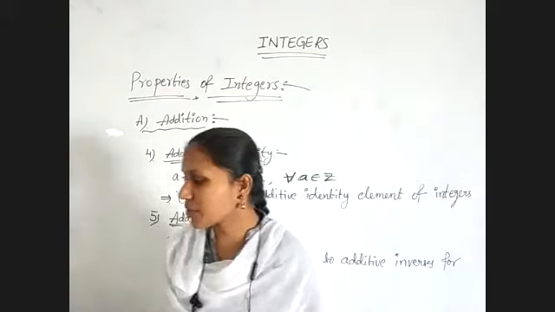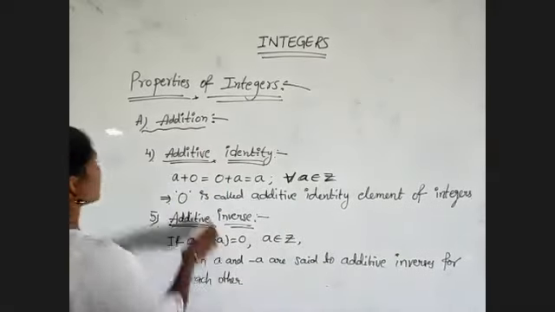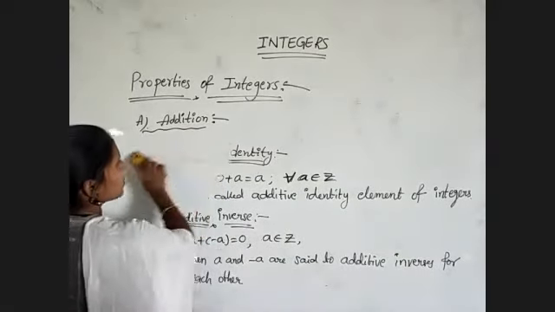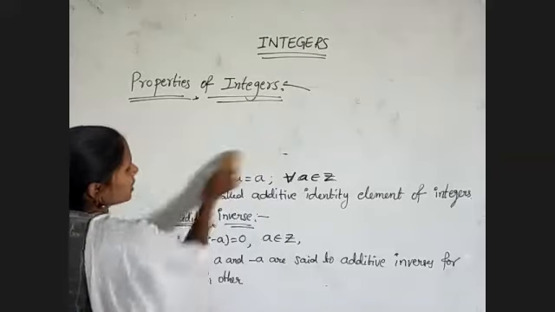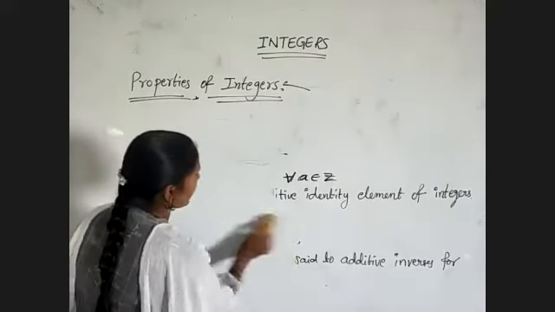So now coming to the different properties over multiplication. So these were about addition. Now coming to multiplication.